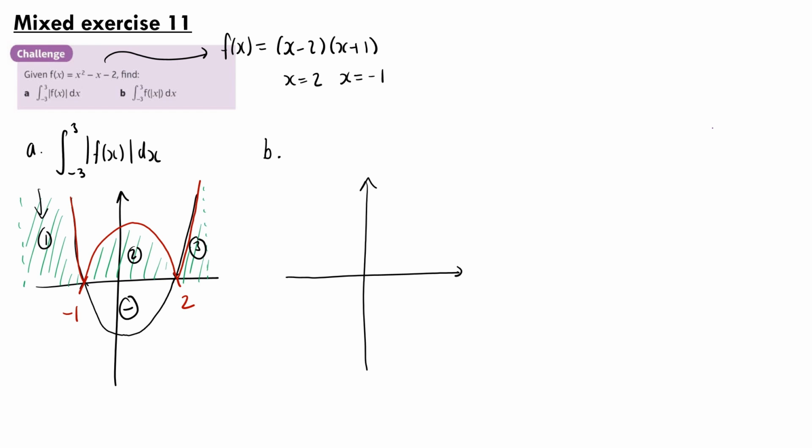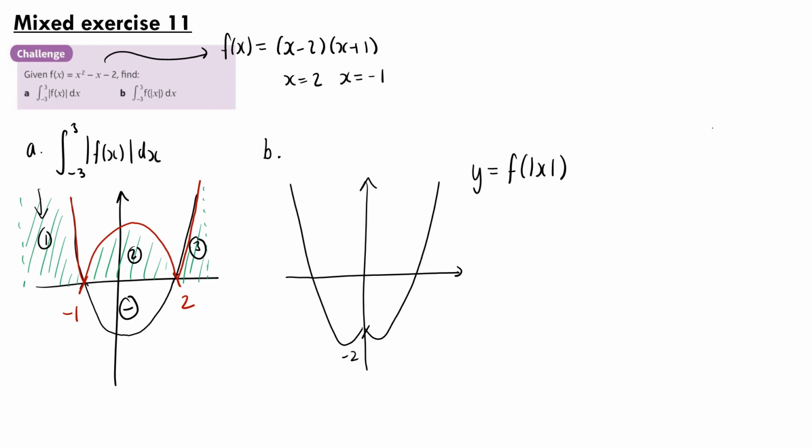Everything to the right of the y-axis, so all of this part of the curve, is just going to be reflected in the y-axis, like that. So this is our graph of y equals f of the modulus of x, and we know that it meets the y-axis at -2.